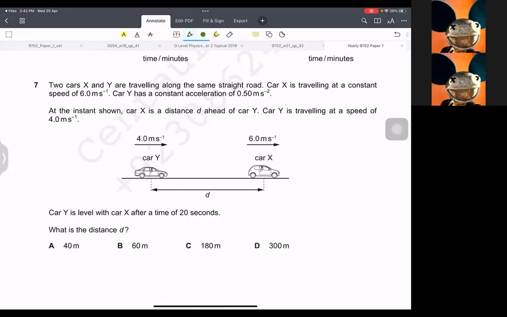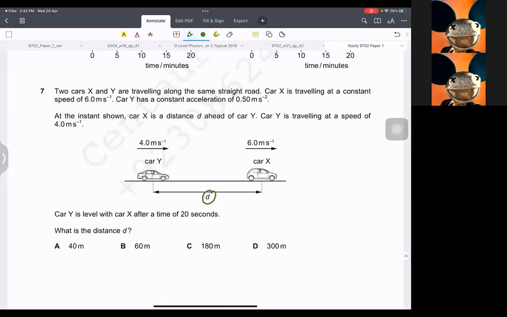Impressive. Now, these sort of questions, well, right now they have a distance d in between, right? So for car X, I would say that, yeah. Okay, let's think about it a bit. All right.